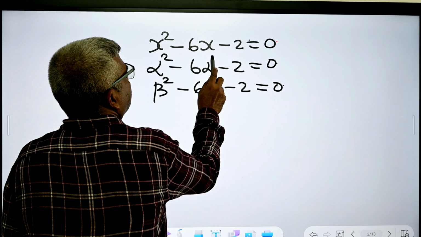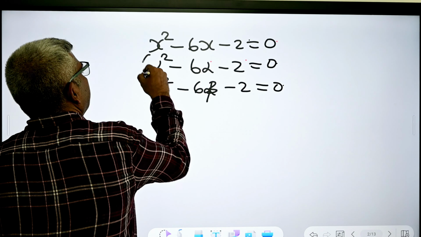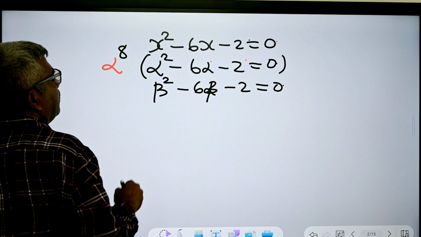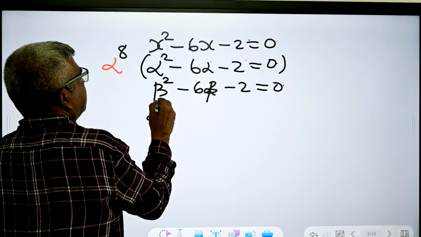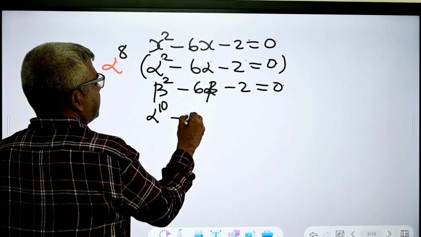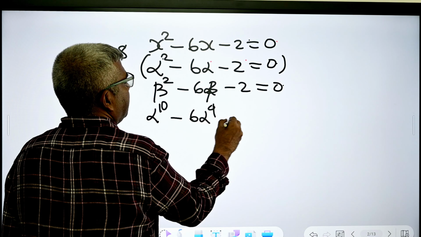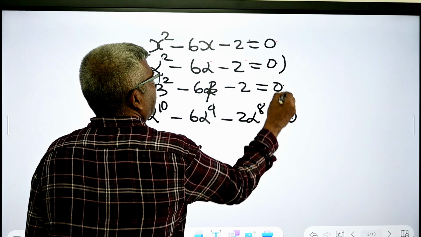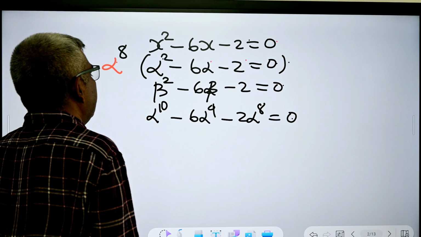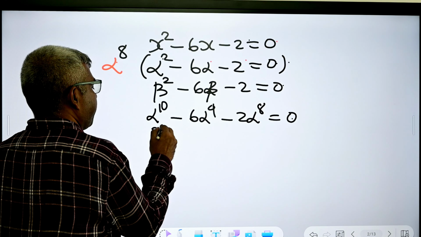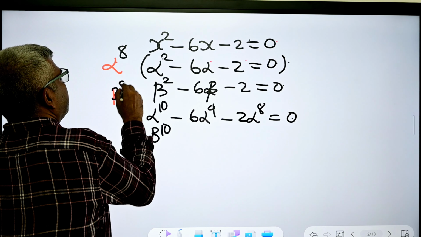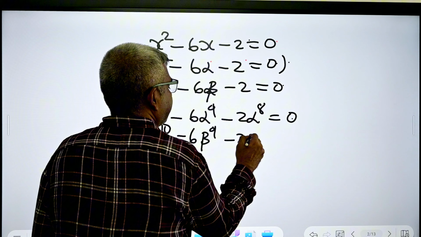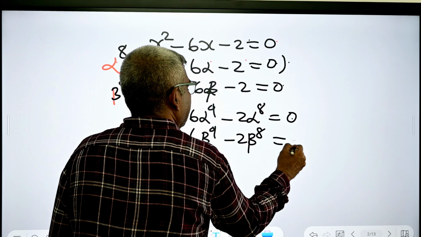Here power 2, 1, 0 is there. So better multiply with alpha power 8. Alpha power 10 minus 6 alpha power 9 minus 2 alpha power 8 equal to 0. Here I am multiplying with beta power 8: beta power 10 minus 6 beta power 9 minus 2 beta power 8 equal to 0.